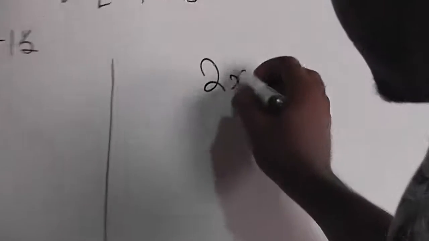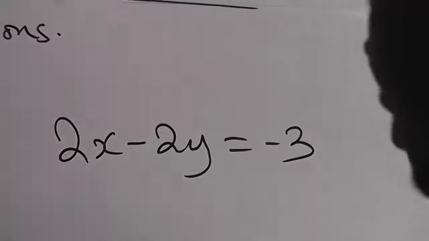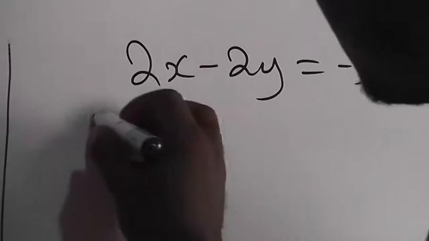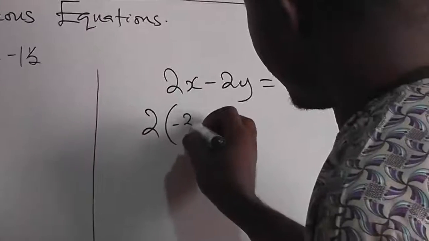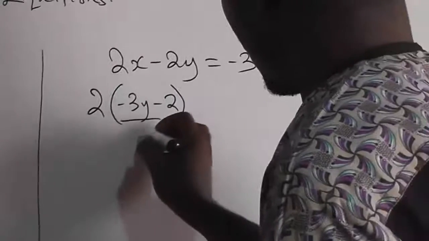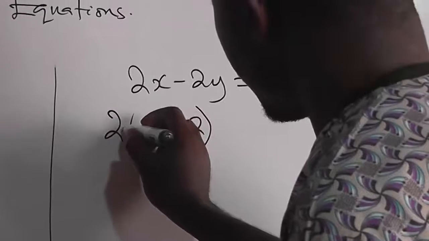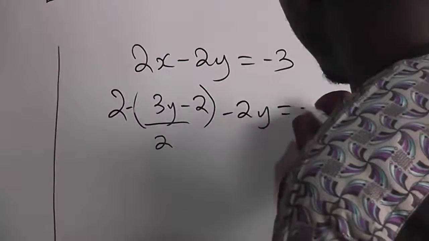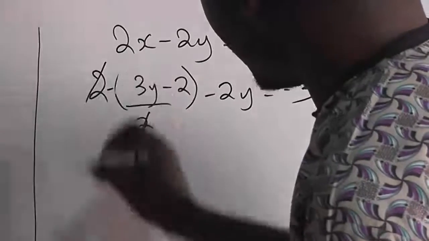Let's move to this side of the board. Now, let's recall that equation 2 is 2x minus 2y is equal to minus 3. If we substitute that value of x, 2x will be 2 times minus 3y minus 2 over 2, minus 2y is equal to minus 3. So these 2 can cancel these 2.